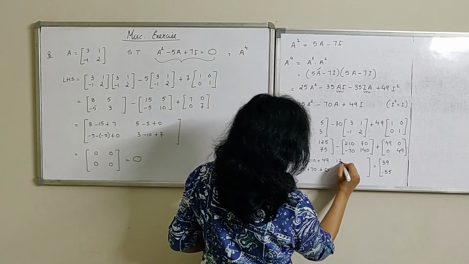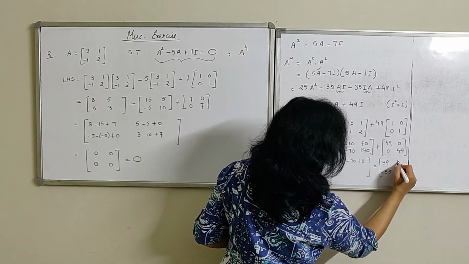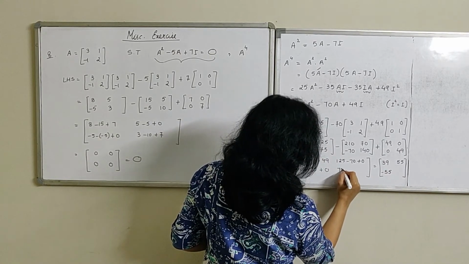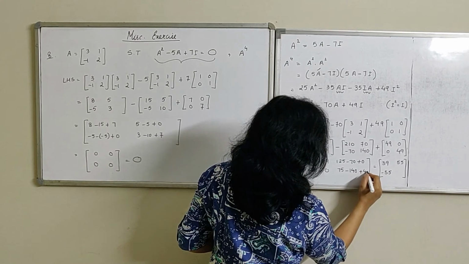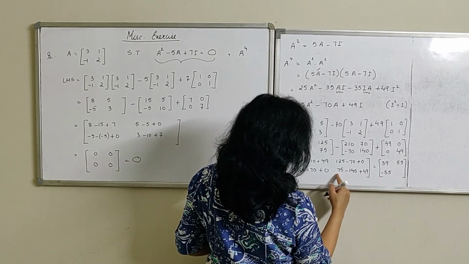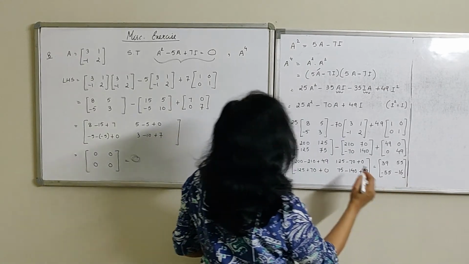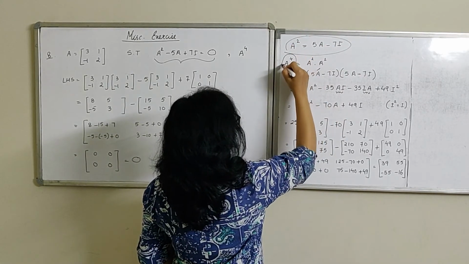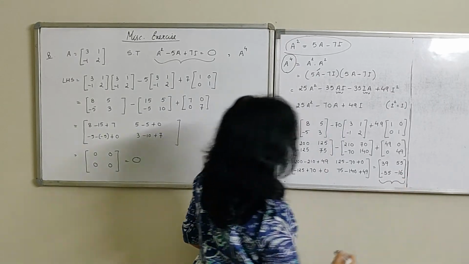This element is 125 minus 70 plus 0, positive 55. And the last element, 75 minus 140 plus 49. So performing this, what do we get? Minus 16. So this way, using this information, we have found out the fourth power of matrix A, which is this.